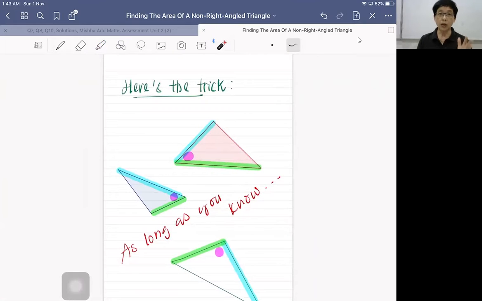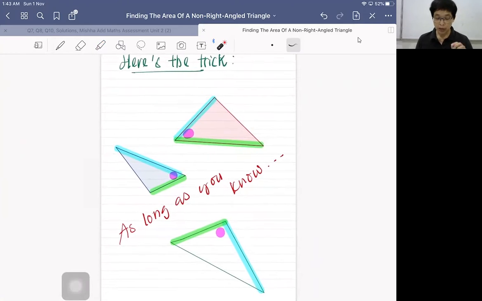To put all the formula into the simplest form, you can use it as long as, in any given triangle, you know the two sides that sandwich the angle.